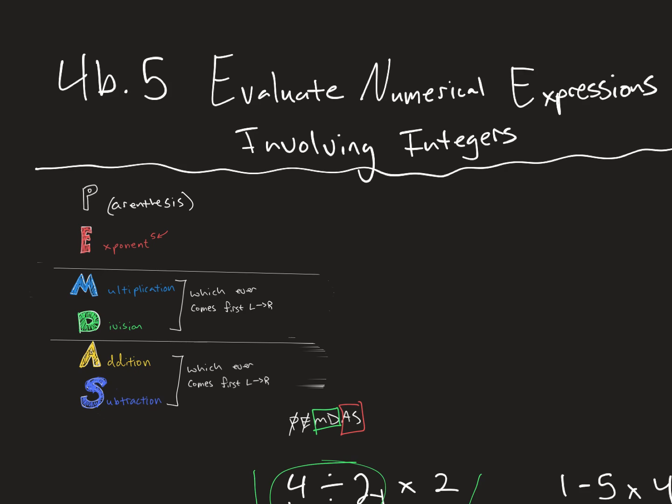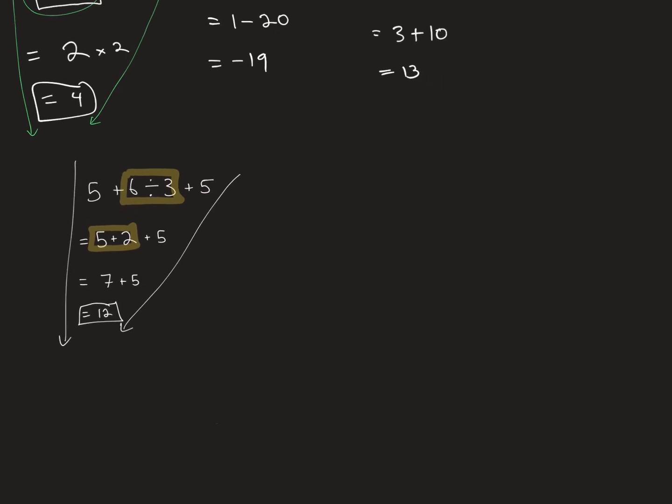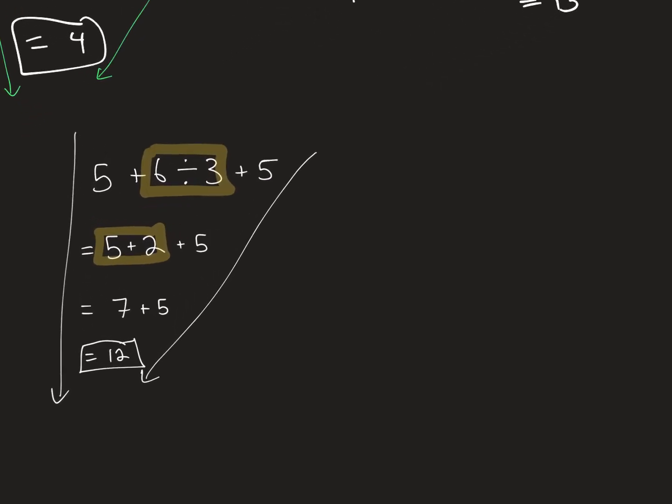I'll go back to this example. If I solve things out of order, if I just solve left to right, I would get 11 divided by 3 plus 5.